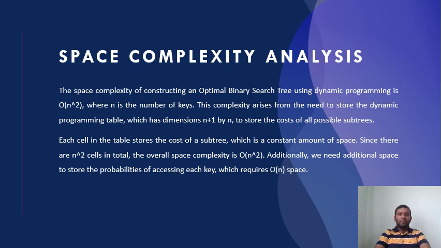Each cell in the table stores the cost of a subtree, which is a constant amount of space. Since there are n square cells in total, the overall space complexity is. Additionally, we need additional space to store probabilities of accessing each key, which requires O of n space.